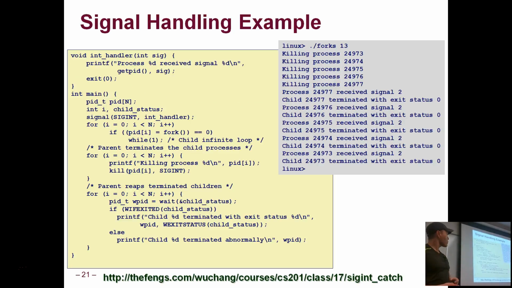Okay, so let's go back to this fork example. In this case, I am going to install a signal handler on Control-C, and then I'm going to start forking off. So in this case, both the child and the parent have this SIGINT handler installed.